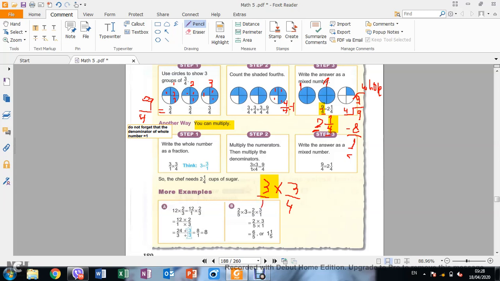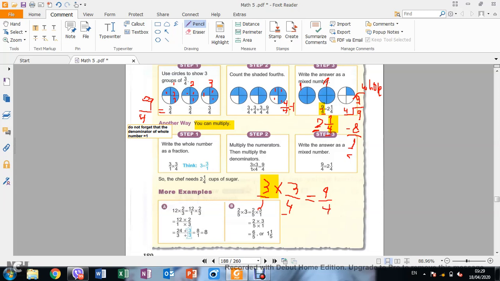Now what do you need to do at that time? Without using a model, every time our numerators multiply each other and our denominators multiply each other. 3 multiplies 3 is 9, because our numerators multiply each other, and for the denominator, 1 times 4 is 4. So it is 9/4.